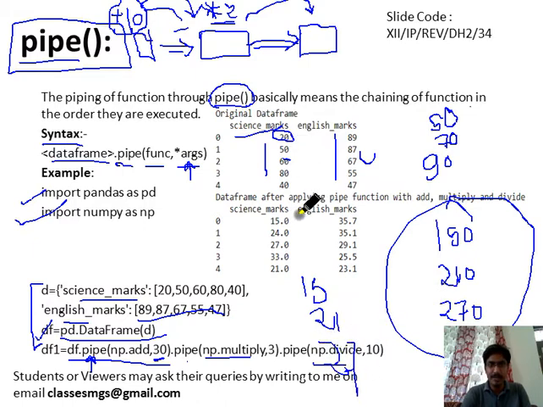This is how the output is generated: 15, 24, 27, 33, 35, and so on. Keep this in mind: 50 plus 30 is actually 80, so that becomes 240, and this becomes 24. That was my mistake. Okay, so this is how the pipe function works. Let me move ahead.